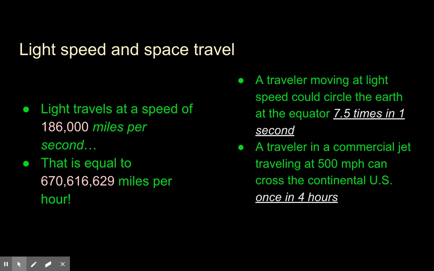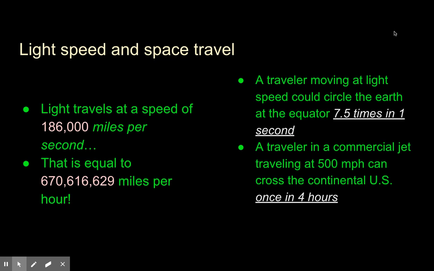On an American Airlines flight, it may travel at about 500 miles per hour, and you could get across the United States in about 4 hours. So you see, traveling at light speed, you could circle the equator 7.5 times in 1 second, whereas traveling in an airplane at some of the fastest speeds, you can just cross the US in about 4 hours.